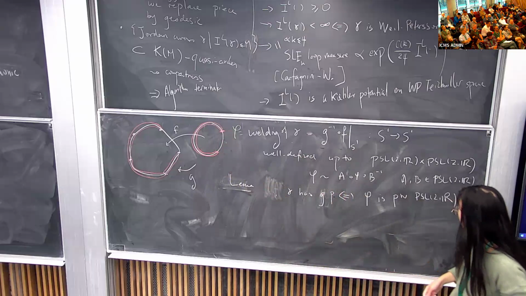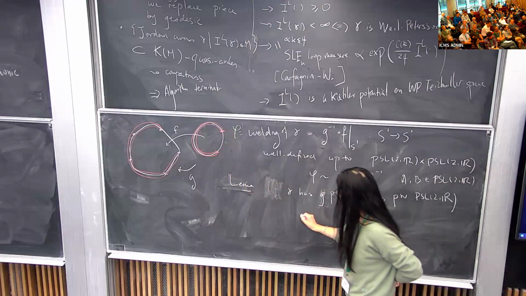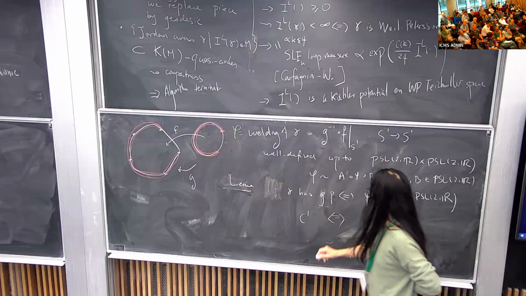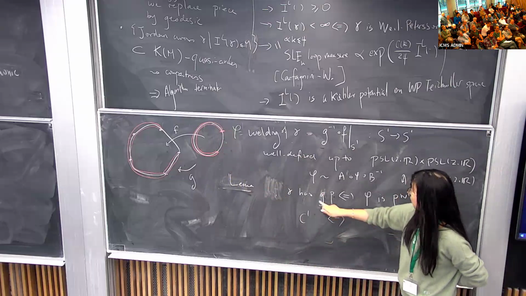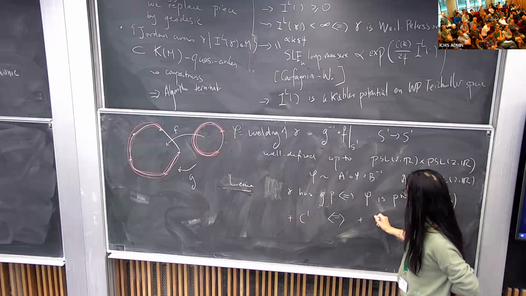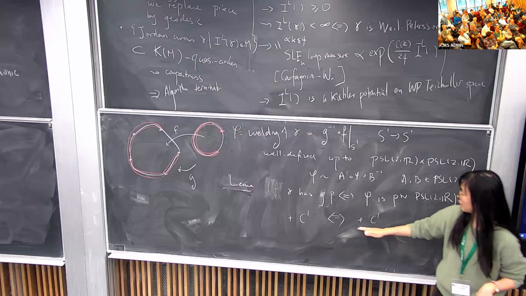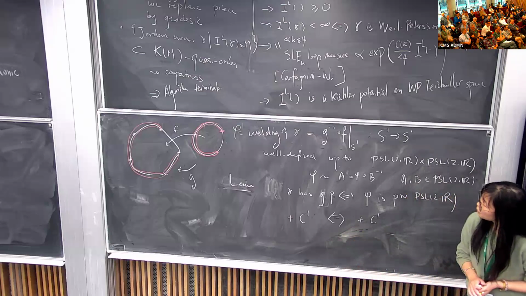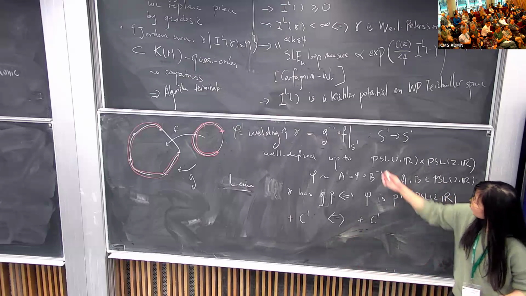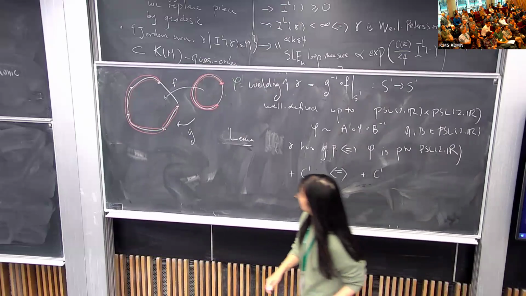We just need to look at the other part. And it has piecewise geodesic and C1. This will be equivalent: piecewise geodesic and C1 will be piecewise PSL2R plus C1. But this is the case we are looking at. And okay, once we have this PSL2R, then you can define something really nice.